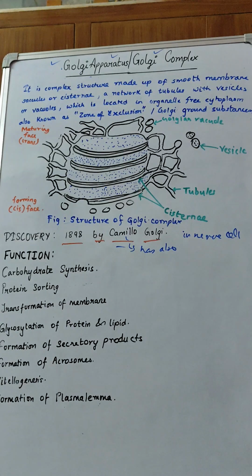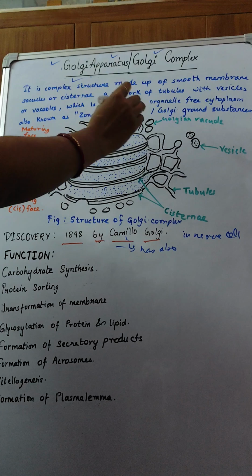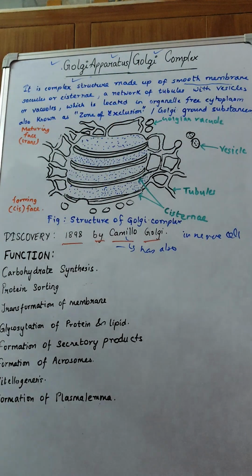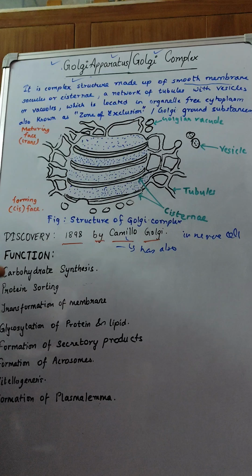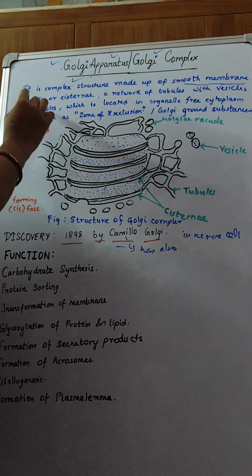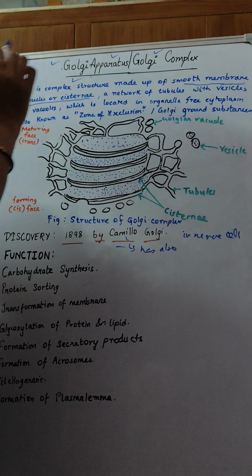So this is a complex structure, and it is made up of smooth membrane. It does not have any ribosome or any other particle located on its membrane. It is a smooth membrane structure, or you can say saccule or cisternae.